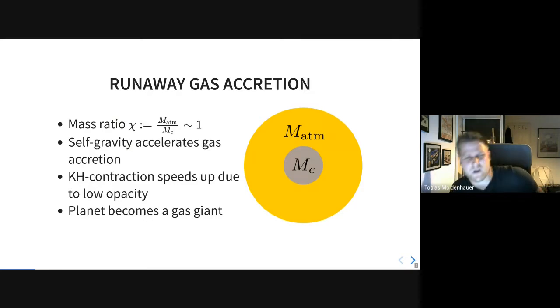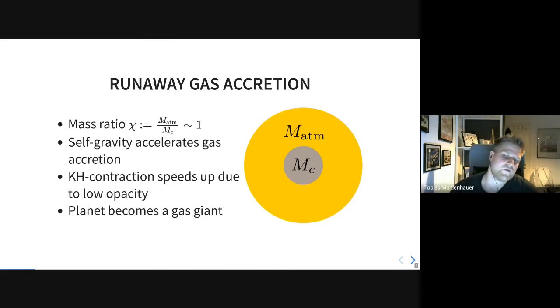Now, why is that a problem? Let's discuss how a gas giant forms. When you have a planetary core, here denoted with M_C, the rocky planetary core, it will accrete gas from its circumstellar disk and accrete an atmosphere.